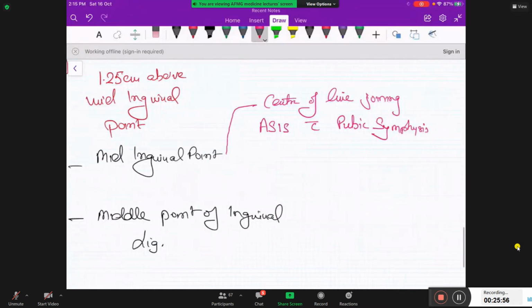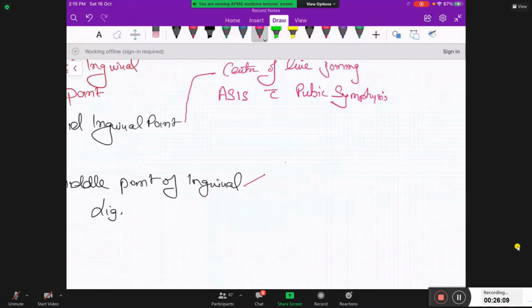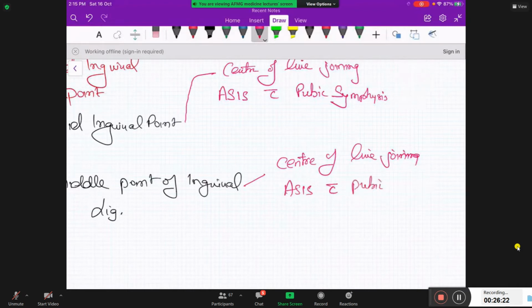The center of the line joining ASIS to pubic symphysis is called the mid-inguinal point. What is the middle point of inguinal ligament then? It is the center of the line joining ASIS with the pubic tubercle. So please be very careful about it.